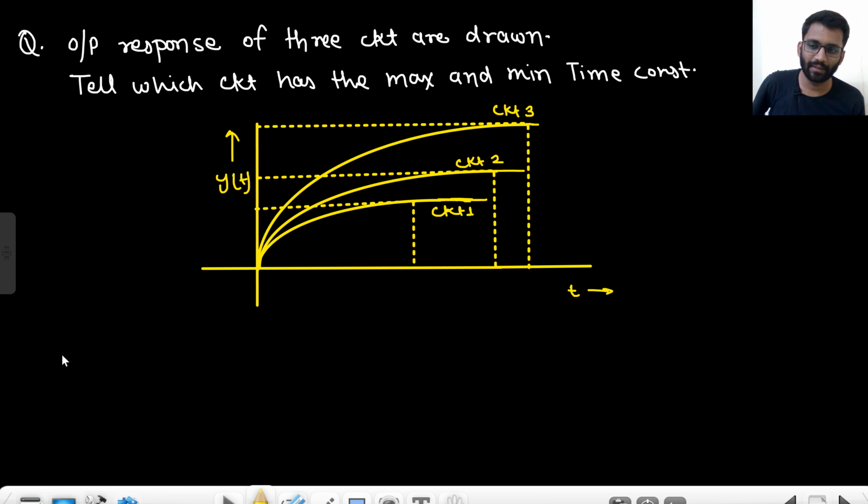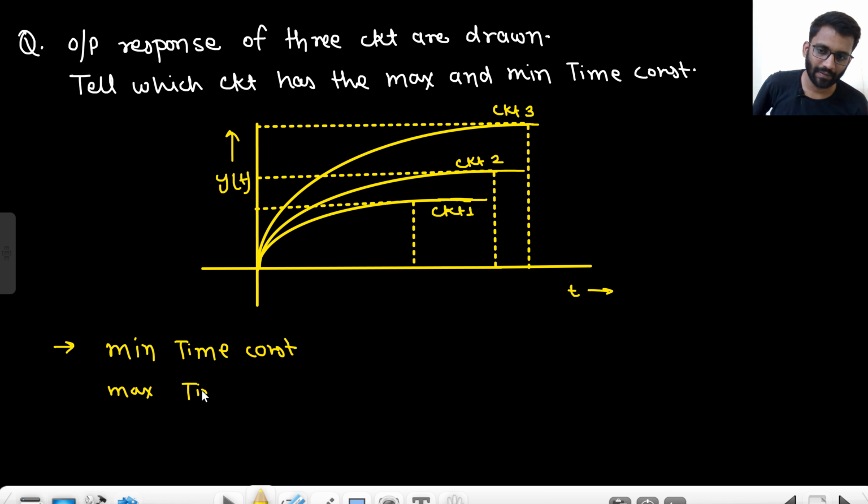So tell me the minimum time constant and maximum time constant. Which circuit is taking more time to reach the steady state value? Circuit 3.